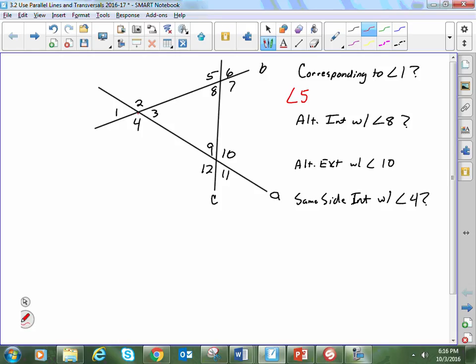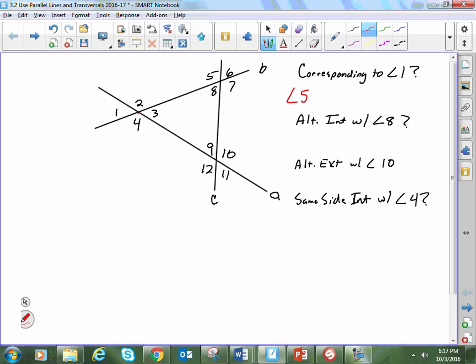Students commonly mistake angle 6 as a corresponding angle to angle 1. And I think it has to do more with how the angles look and less about where they're located. Angle 1 and angle 6 do look similar in their angle measurement, but they do not sit in corresponding locations along a transversal line. So angle 6 doesn't work.